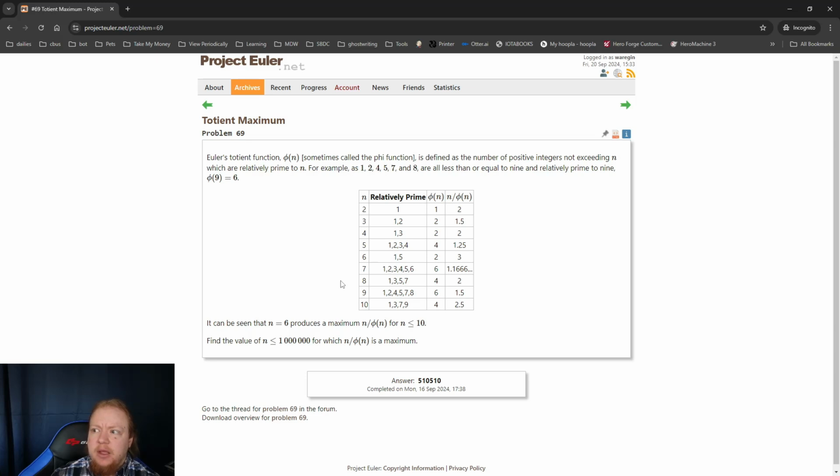Another way of looking at it would be like the phi of 2 is 1, and 8 is 2 to the cube.